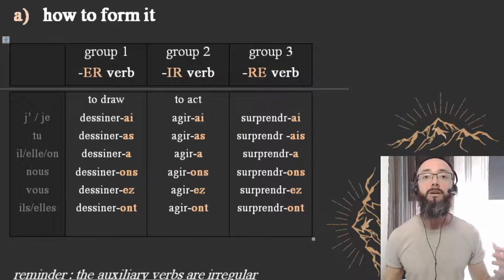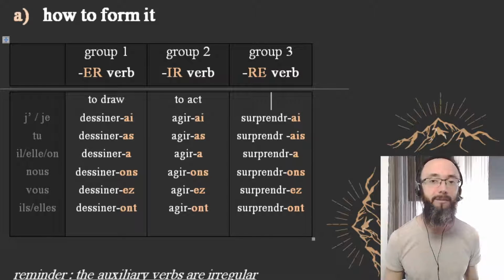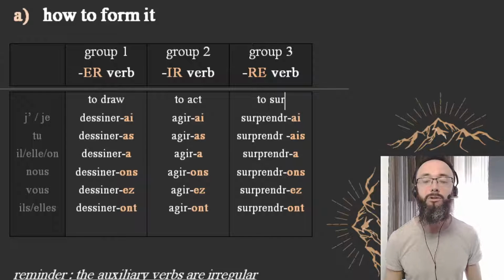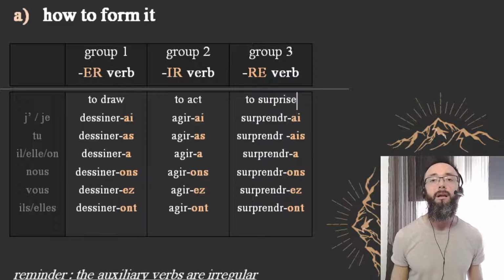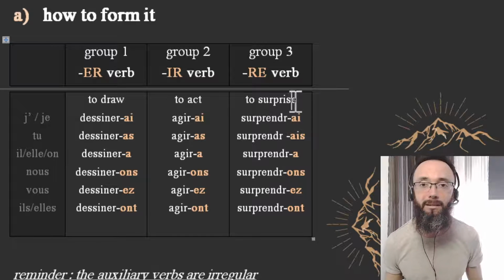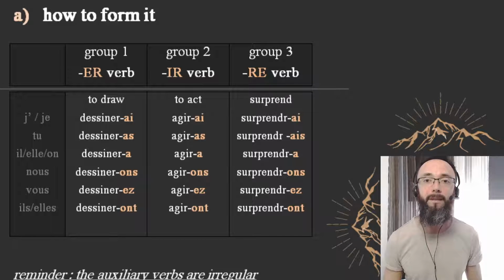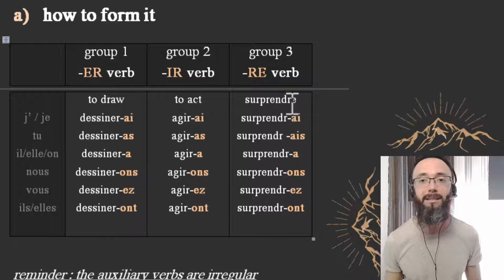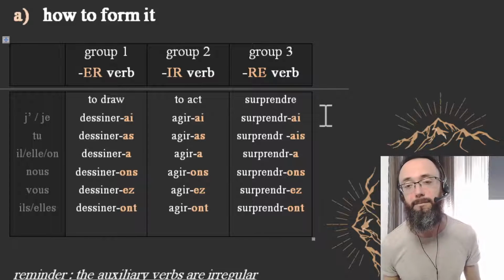And group 3 verbs is slightly different here. To surprise, surprendre, surprendrai. As you can see here, surprendre, the infinitive, has an E at the end, but here the E disappears.